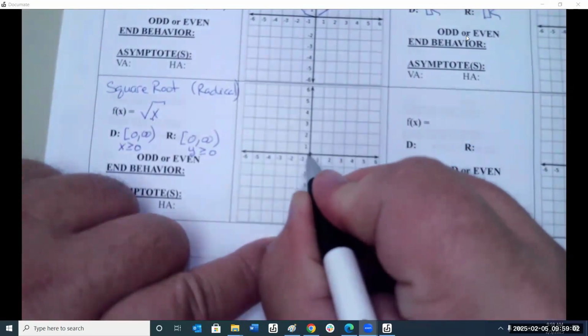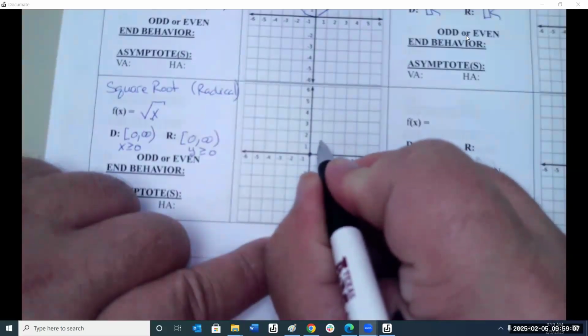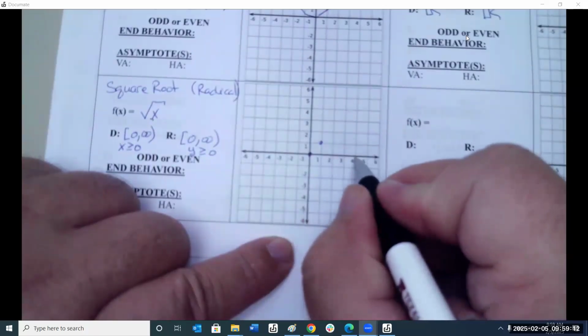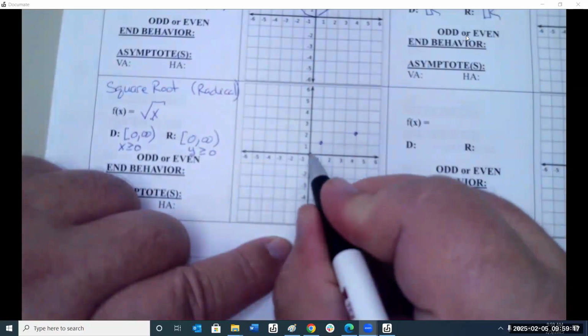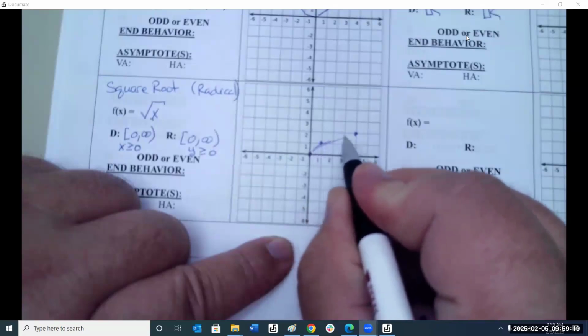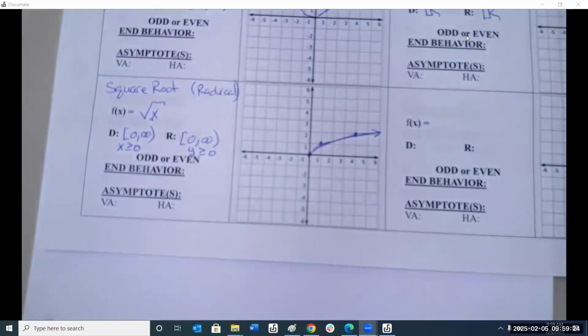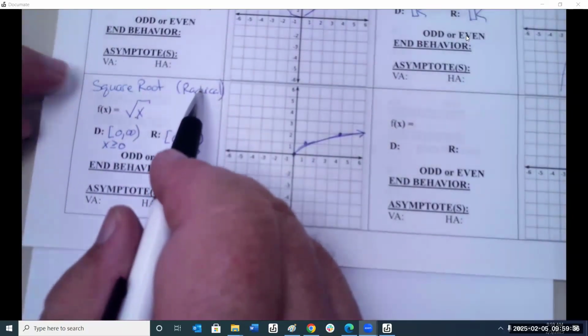When x is 0, y is 0. When x is 1, square root of 1 is 1. When x is 4, square root of 4 is 2. And it grows slowly, so it looks like this. So that's a square root. That's the radical.